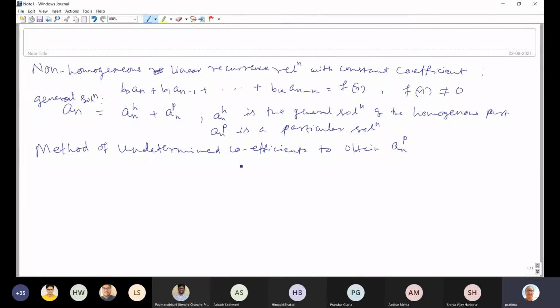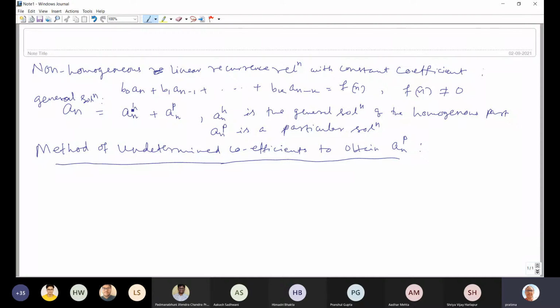In the method of undetermined coefficients, if you have solved differential equations using this method, it will be easy for you to recall.